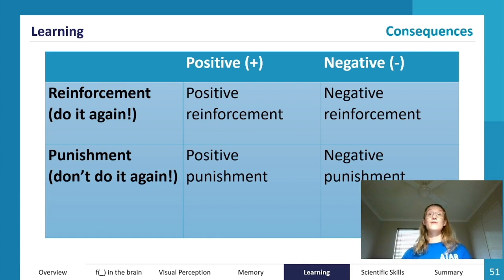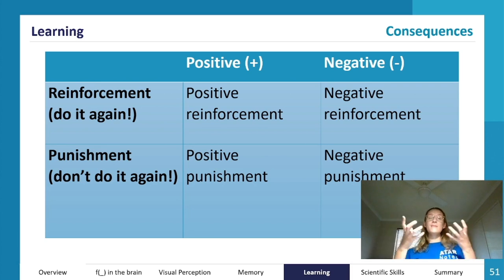So for example, that would be taking away a positive stimulus. So hey, because you've fought with your sibling and behaved really unkindly, they might lose iPad privileges. So that's something that they desire. It's a desired or positive stimulus that's being taken away, that they're missing out on because they've done a behavior that they shouldn't have.